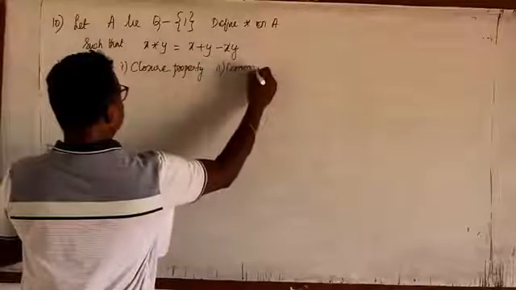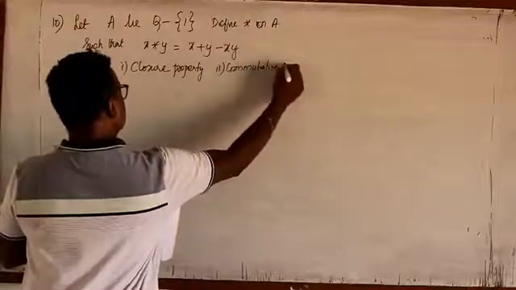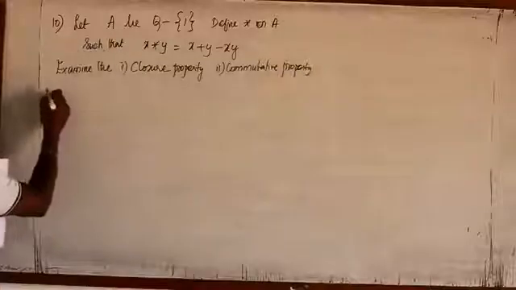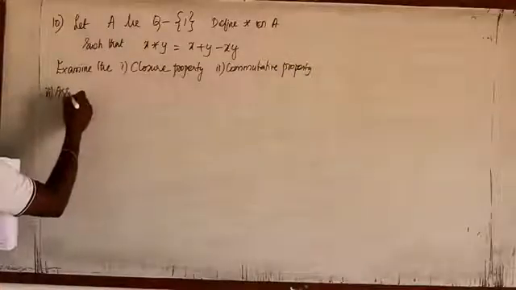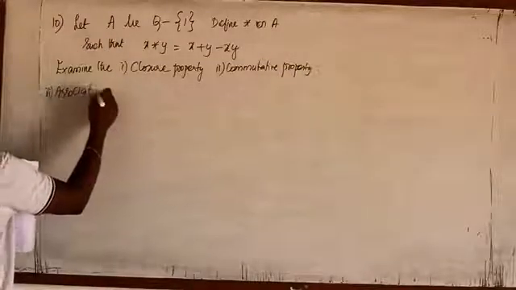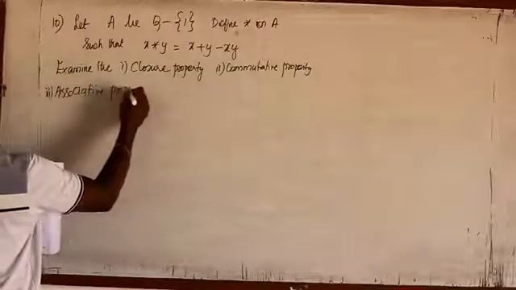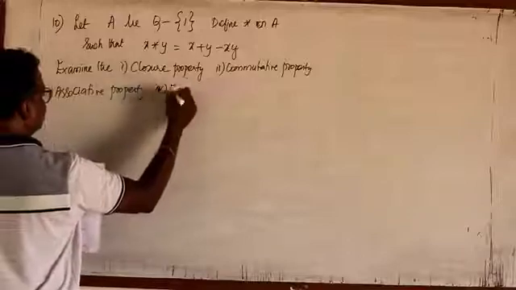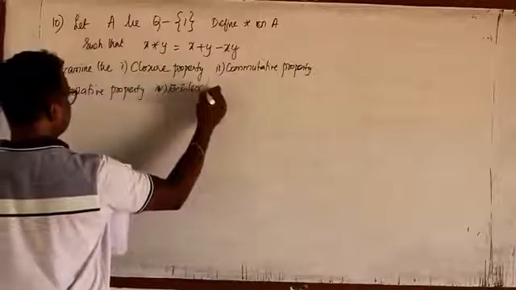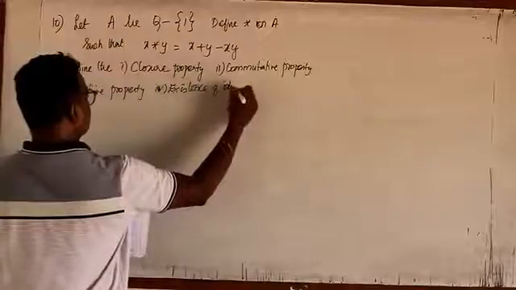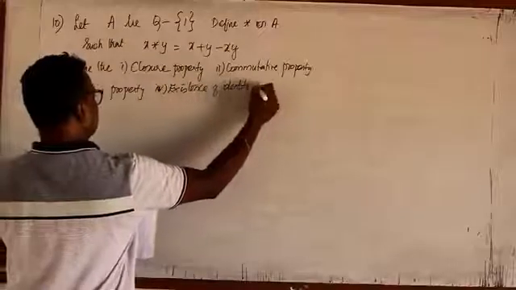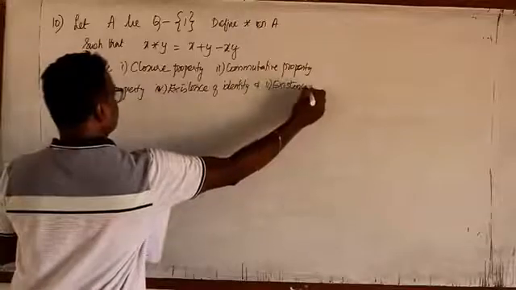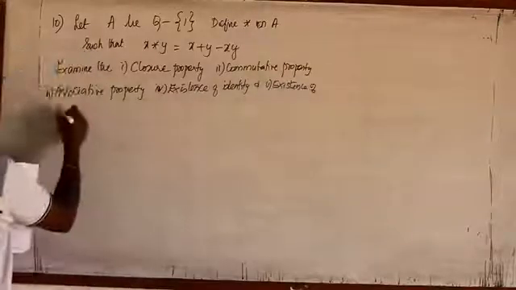Commutative property. Associative property. Fourth one, existence of identity. And the fifth one, existence of inverse.